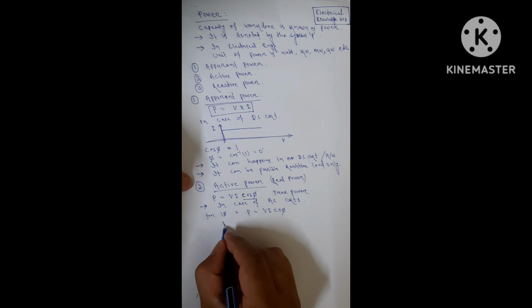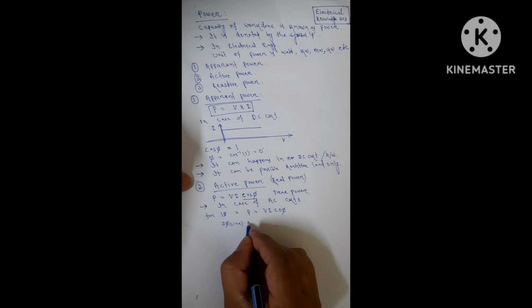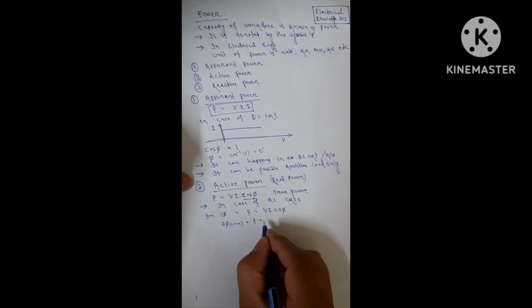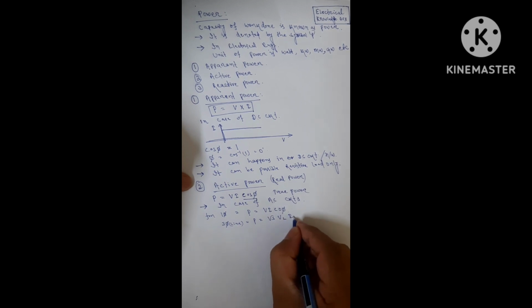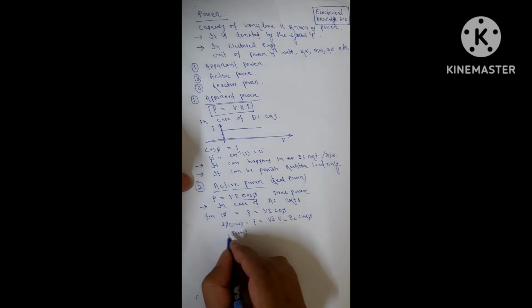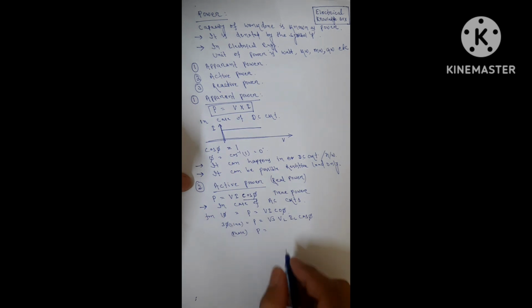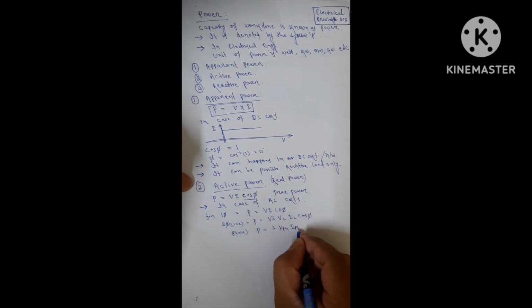In case of three phase, with line quantities, three phase power equal to root 3 times line voltage, line current, power factor. In terms of phase quantities, power equal to 3 VPH, IPH, cos phi.